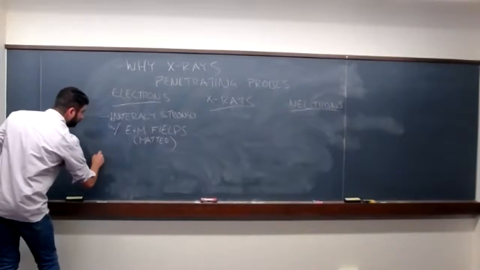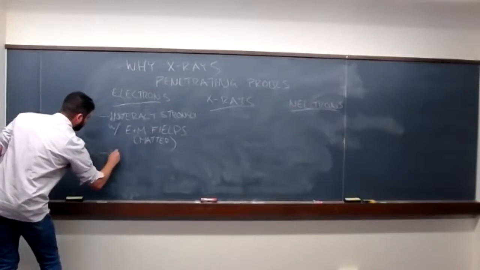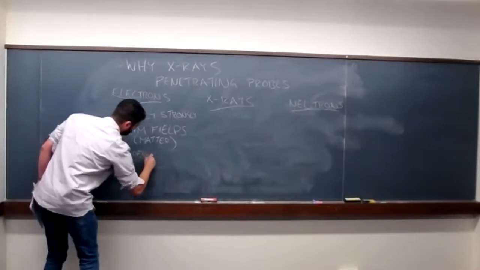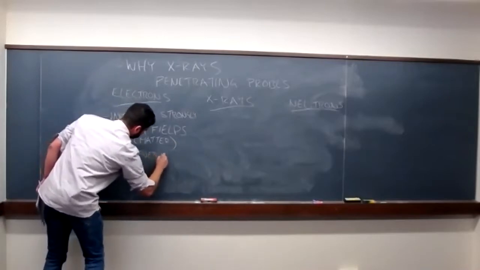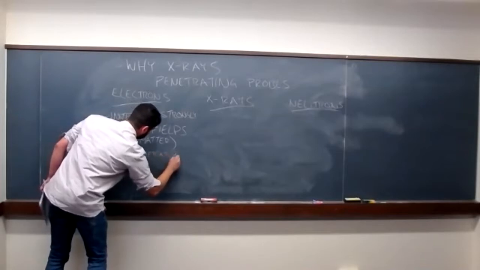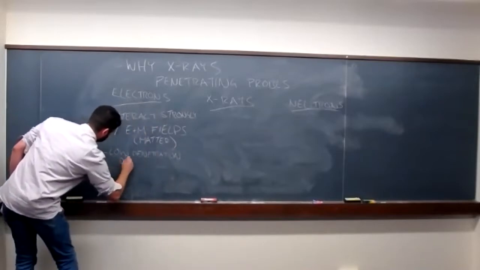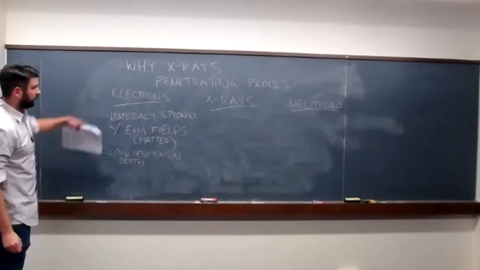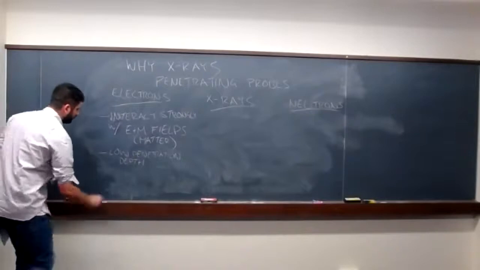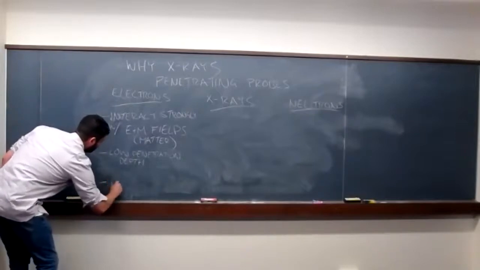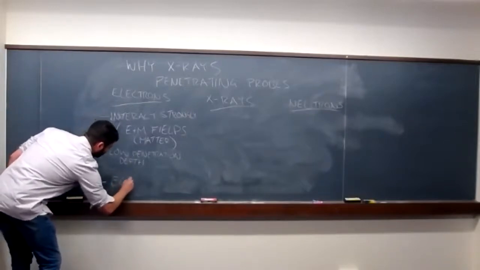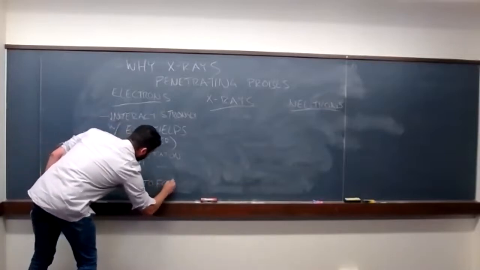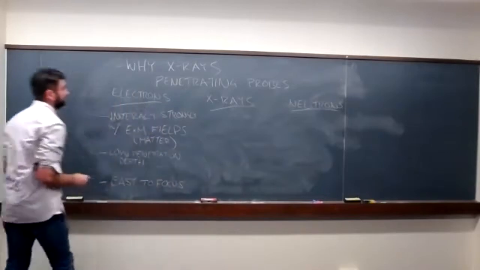And that's bad for penetrating through materials. So electrons have low penetration depth. However, since they also interact strongly with electromagnetic fields, they're fairly easy to focus. So you can get great focusing with electrons, so you can look at very, very small spots.